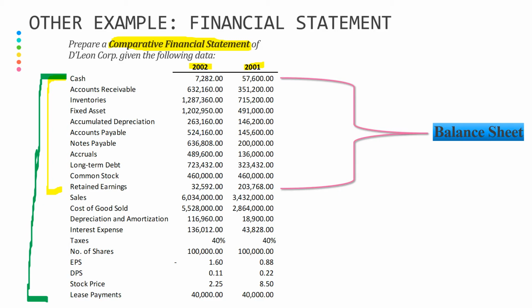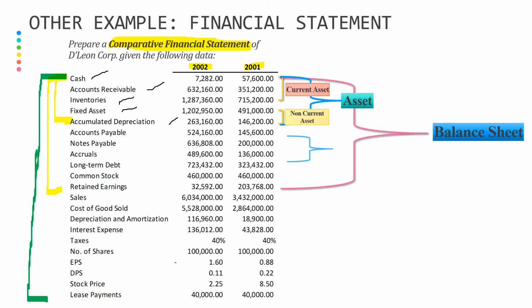In the balance sheet, again, there are 3 components: the asset, liabilities, and the equity. For the asset, we have from cash up to the accumulated depreciation. Again, in the asset part, we have 2 types of assets. We have the current asset, which includes the cash, accounts receivable, and inventories. Second is the non-current asset, which includes the fixed asset and the accumulated depreciation.